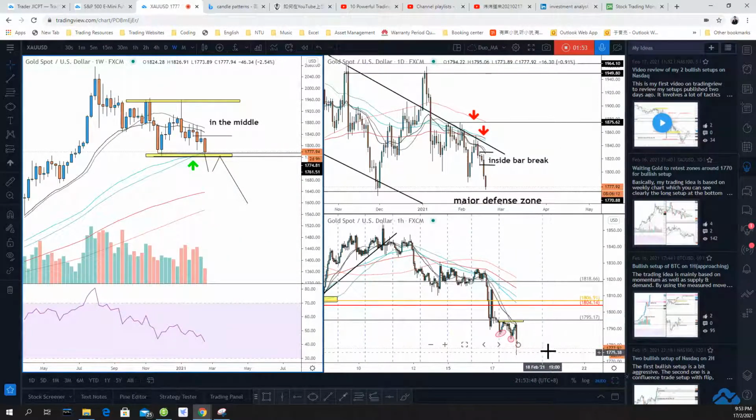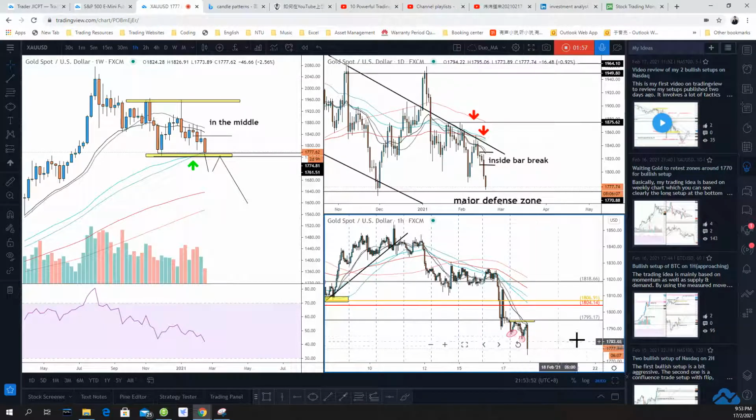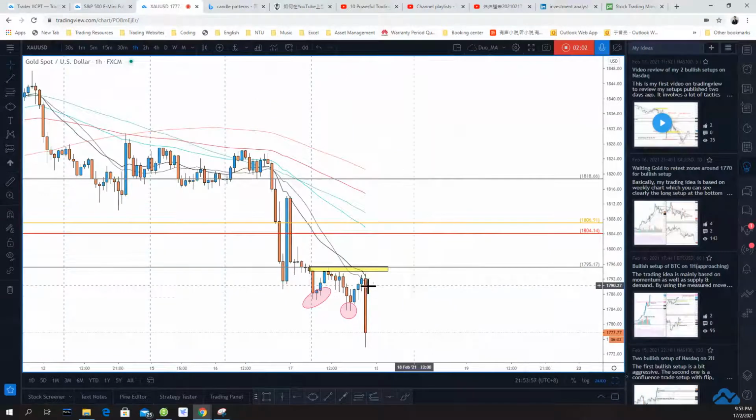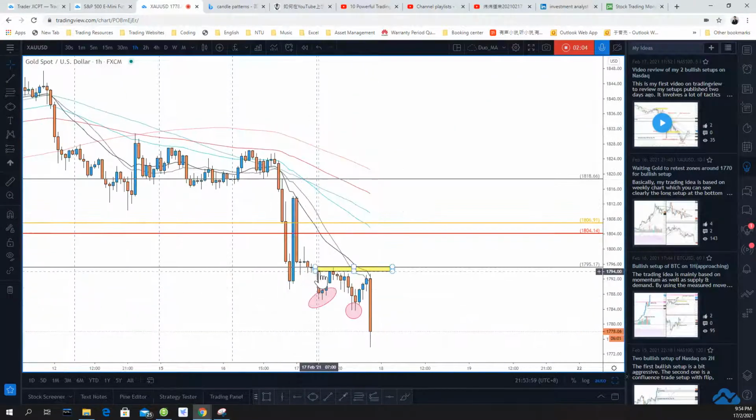Okay, so let's check out the price here. Today, let me make it larger to have a clear look. Obviously, today when price opened, it retested the structure. You see there's a structure here. It's drop-base-drop, a supply and demand tactic.